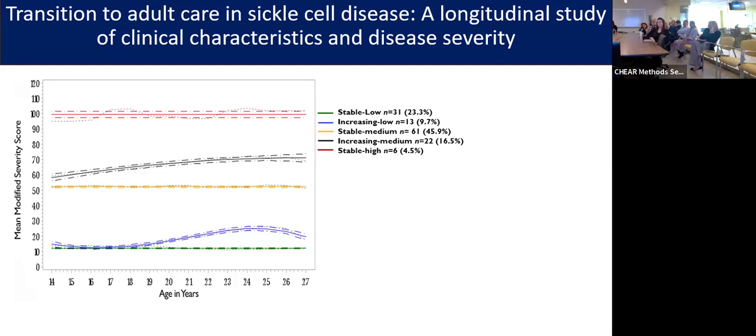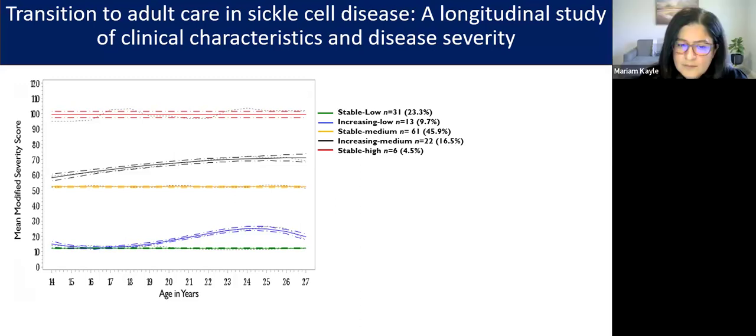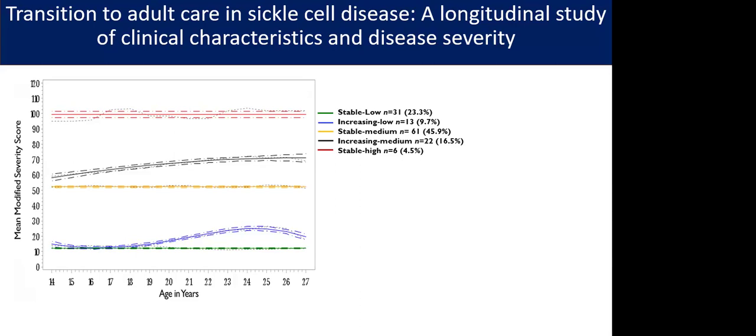Go ahead, Kevin. I have a general question, not specifically about this model, but about what these trajectory models can potentially do for us, Miriam. If we look at your lower two lines, the green and the blue, with this diverging behavior, can these models help us understand what went on at age 18 that caused the divergence?